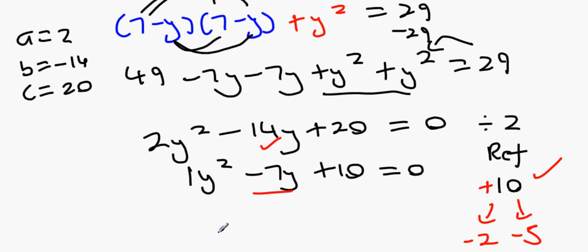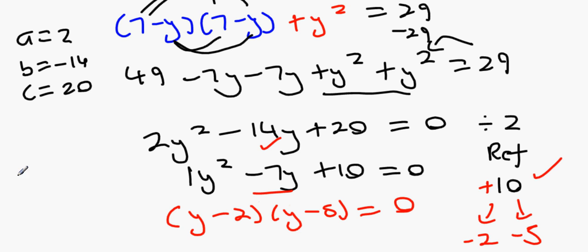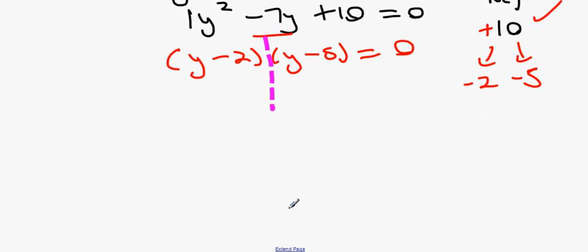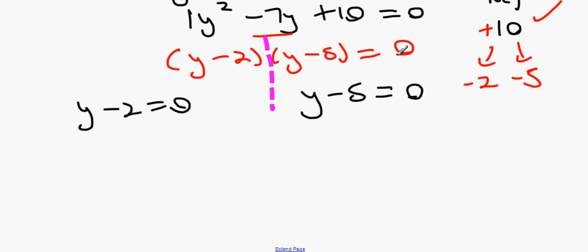Now, because it's a 1y squared one, you can just throw these numbers right into the brackets, and we know that's going to be the answer there. Put down a dotted line down the middle, and what we'll have next is y minus 2 equals 0. Either the first number equals 0 or the second number equals 0, when you're multiplying two numbers together and the answer is 0. So either y equals 2 or y equals 5.